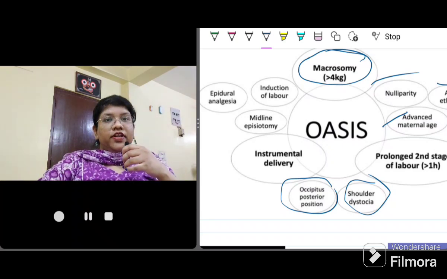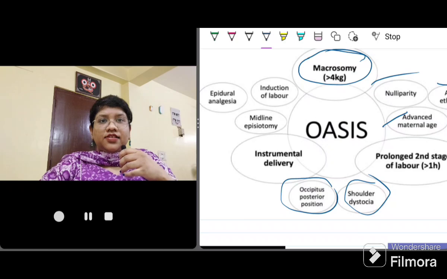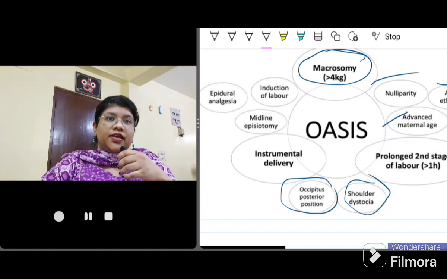Remember, it's a very, very important advice that all our seniors give, and we should do it routinely after every vaginal delivery, irrespective of whether injury has happened or not. Always do a per-rectal examination before you come out after doing the delivery or after repairing the episiotomy. So this ensures that you have ruled out any anal sphincter injury.